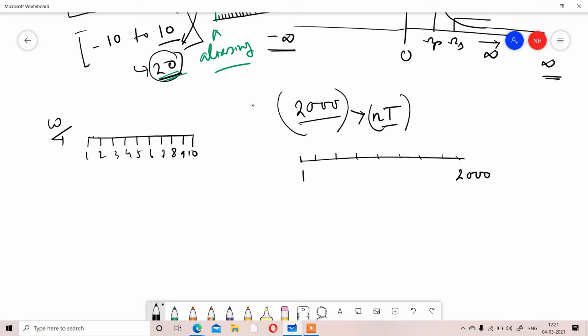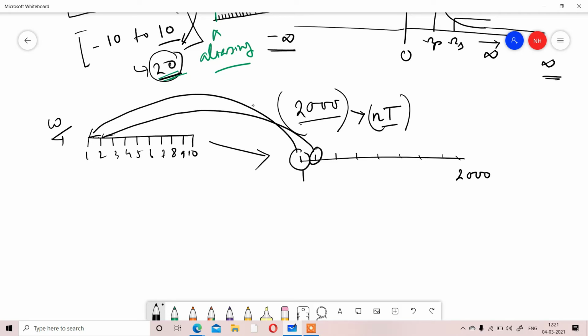Now if we want to map this to that, means each and every point will be represented here. If we want to represent each and every point here, what will we get? Can the 10 points individually represent 2000 points? Obviously not.